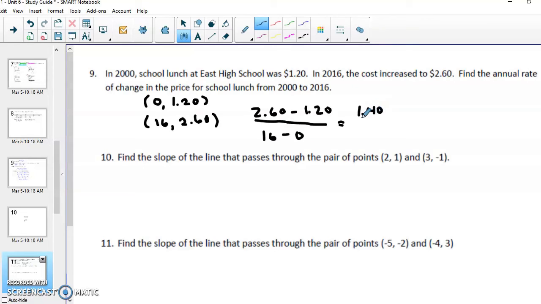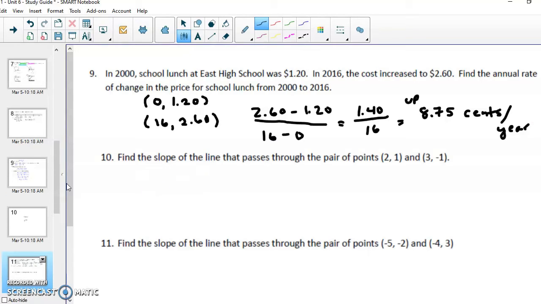I'm going to do the math for you. So lunch changed $1.40 in 16 years. And when you work that one out, it went up, we should say up, 8.75 cents per year. Whenever you're doing rate of change problems, make sure you write a label.